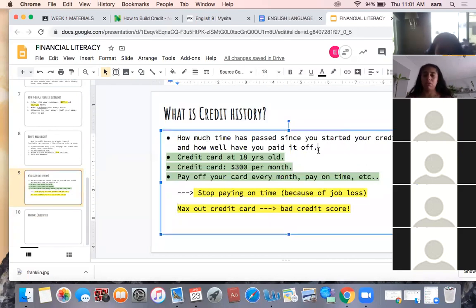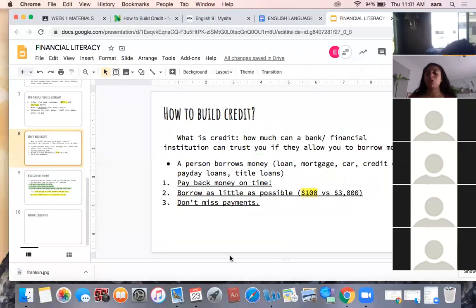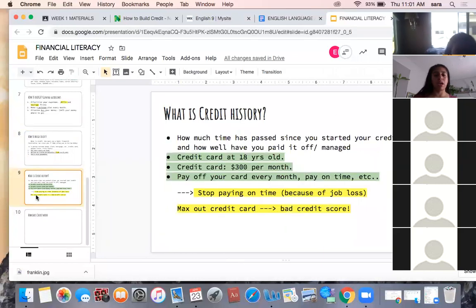So on the last slide back, what was number 3? I missed it. Absolutely. Number 3 was don't miss payments. Okay. So it's kind of how to build it. And now we're just getting into, okay, well, what is this? You know, how do I even manage it? This is how we can build it.